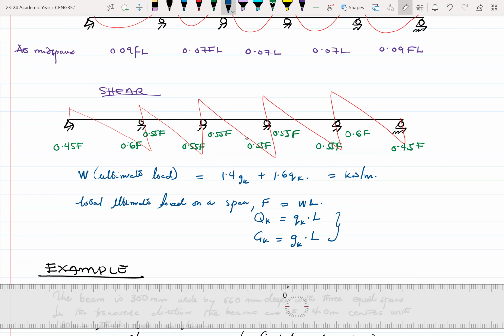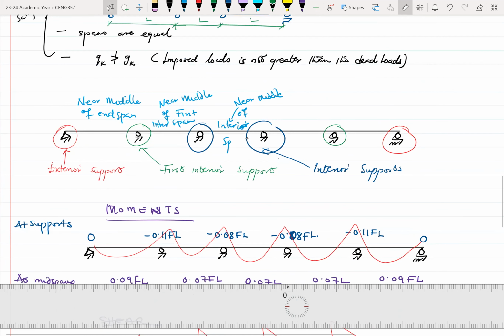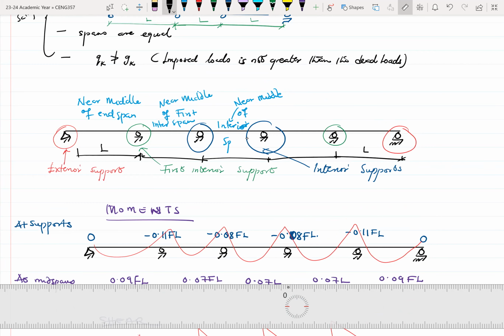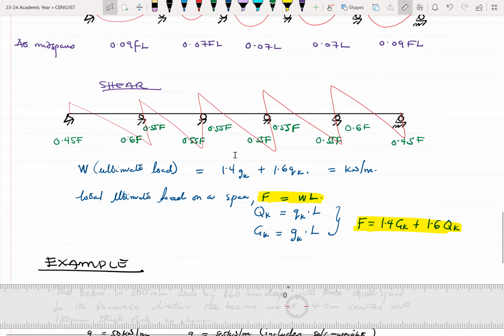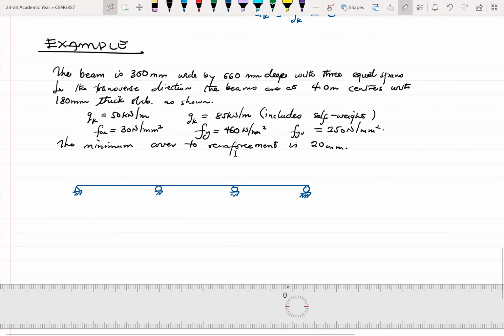So what this means is that your F will be equal to 1.4 big GK plus 1.6 big QK. All right. So either you go with this option here or you go with this option over here. It is the same thing. All right. And then the L will be the length of the spans. All right. So here each span is the same as the previous spans. So this is your L, and your L, and your L. Okay. All right. So going back to my example, I have an L here.